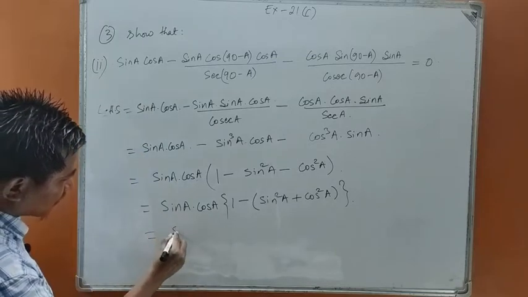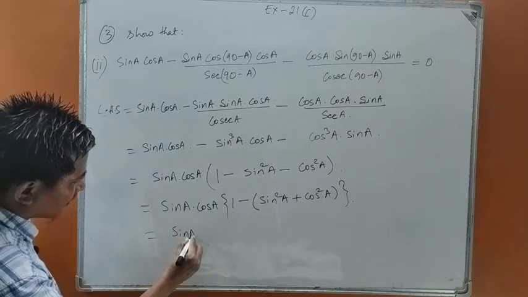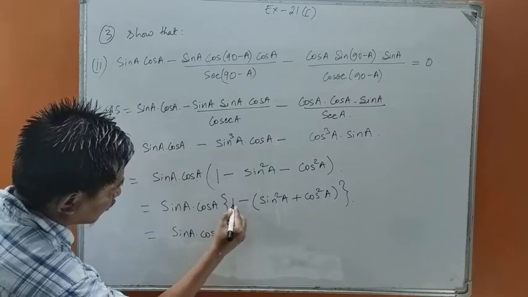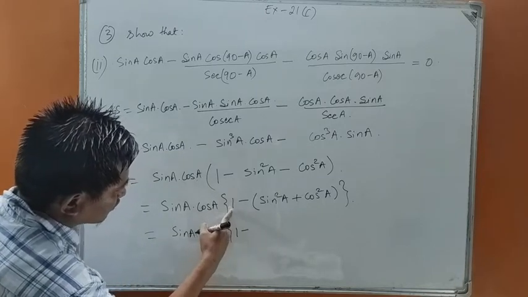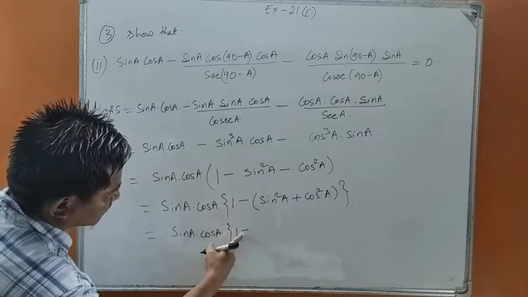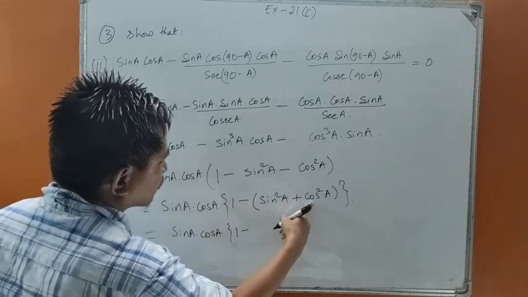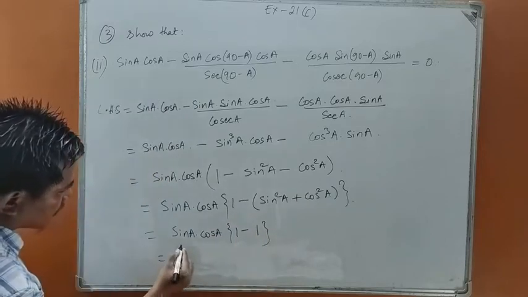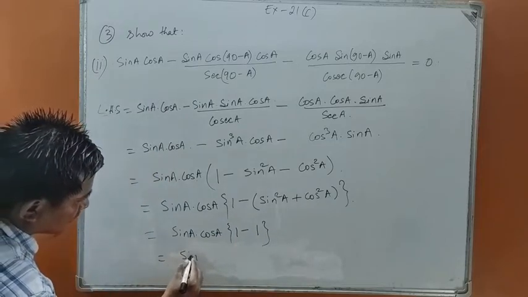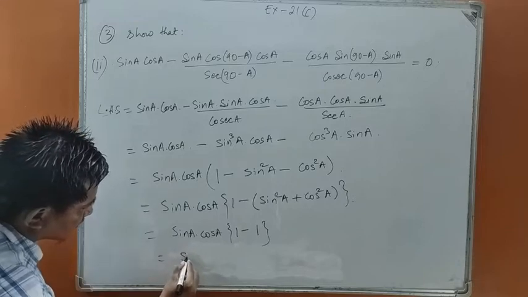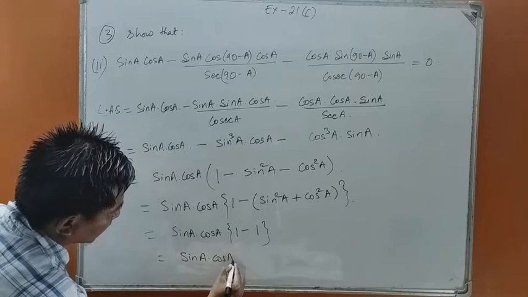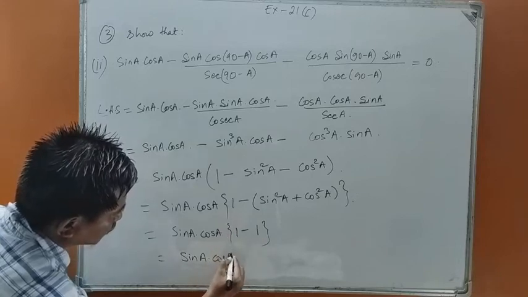So this is sine A cos A, sine A into cos A. Here we have 1 minus, this one is this one, minus minus, sine square A plus cos square A is 1, isn't it? So sine A into cos A, this bracket means into, isn't it?